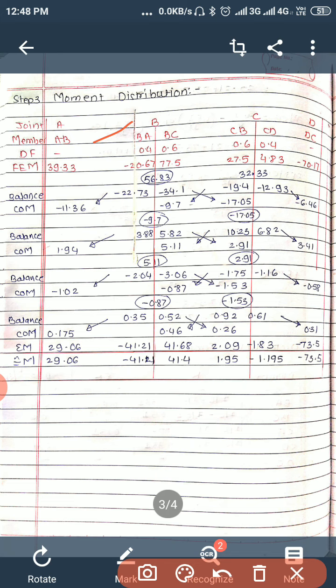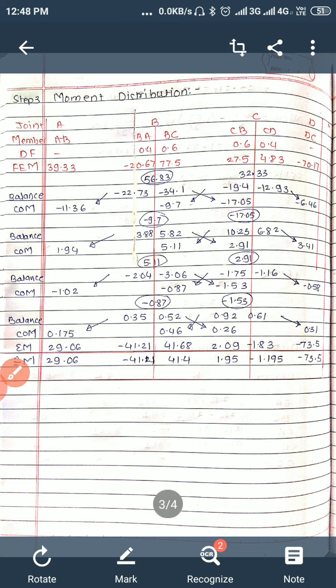But we'll mark particular members below that joint. Joint B has two members meeting, BA and BC. Joint C has two members meeting, CB and CD. Then again we'll write the distribution factor below the particular members.